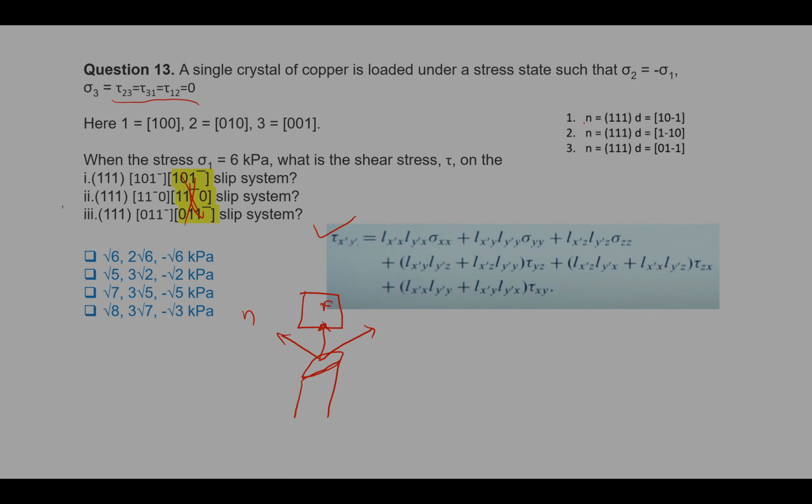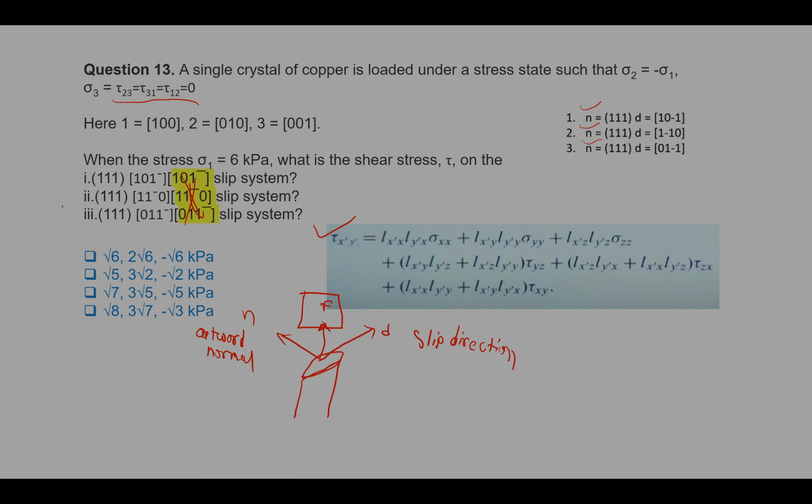These are the values n for three different components, like three different slip systems, and d value is this one, that is called slip plane. This is called slip direction, and this is called outward normal.